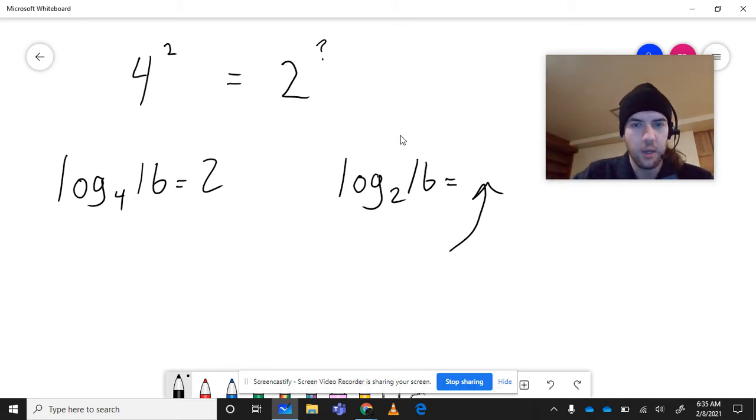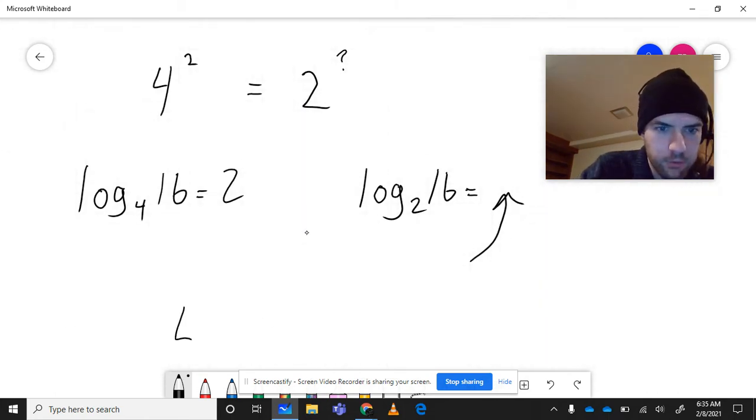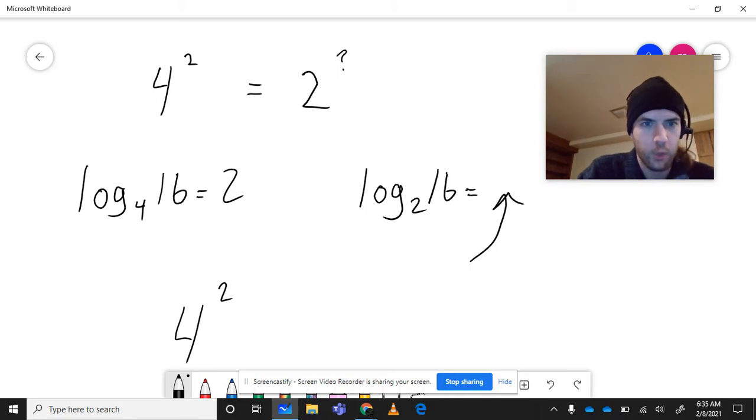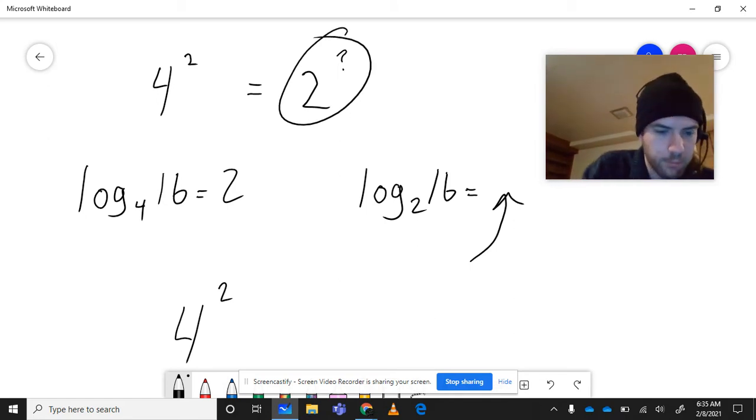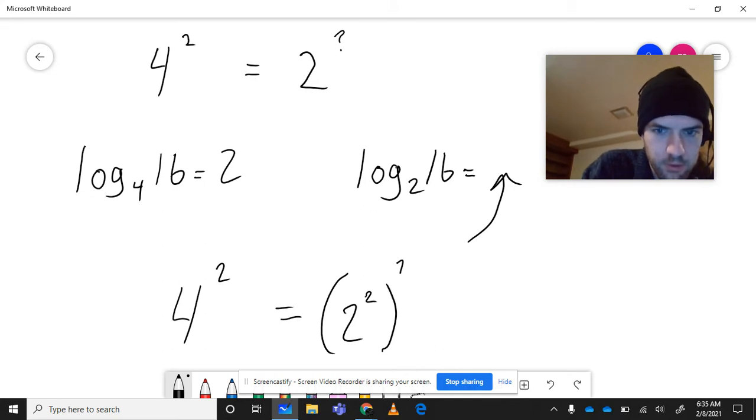We're trying to say, what would we have to raise a different base to get to the same answer? Well, one way to approach that is to say, what do I have to raise 2 to get to 4? Because if what I'm looking for is 4 squared, but I want to write that in terms of 2 to some power, then that would be like 2 squared, squared.